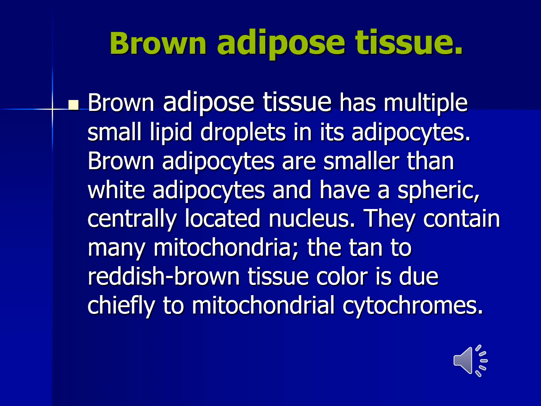The main function of brown adipose tissue is thermoregulation. It is present more in newborns, up to the first year of life, and then it is changed to white adipose tissue.